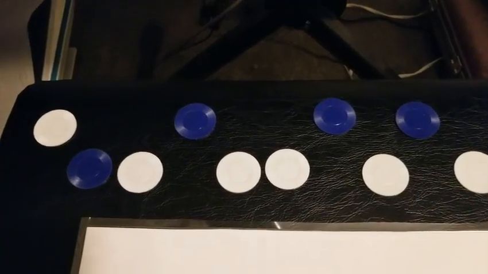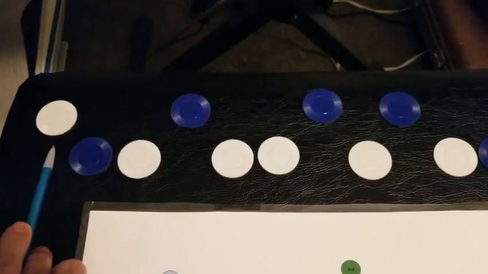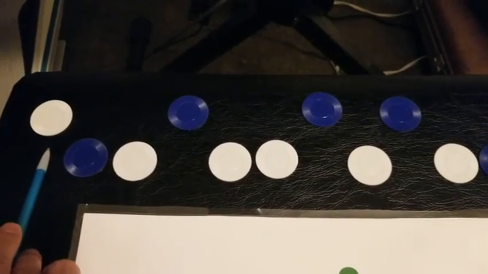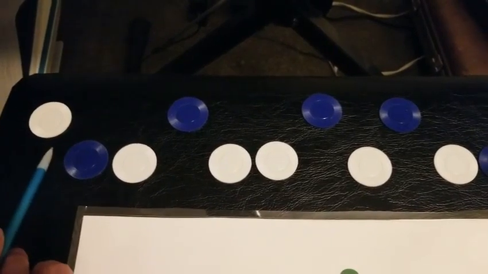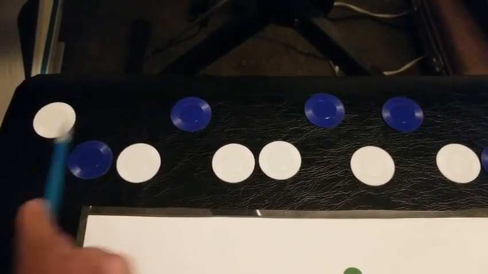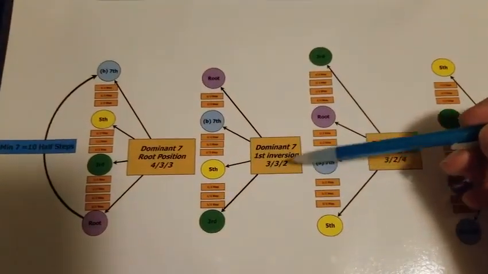And this is using the same tone here that we did on the root position, but if we use the same note in first inversion, you wind up with a completely different chord, but it's the same form, 3-3-2 for the dominant 7.